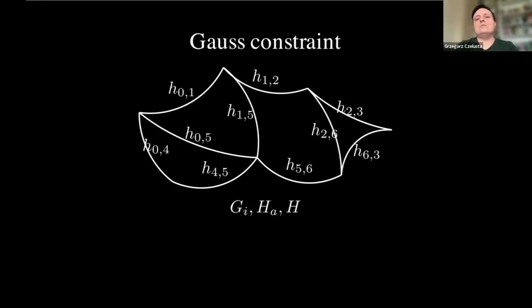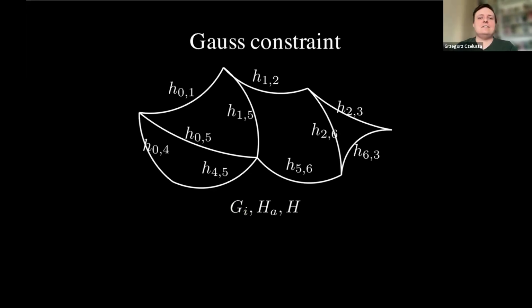So basically, if two graphs are equivalent as graphs and equivalent as nodes, then we consider them as equivalent states. And this is basically the application of the vector constraint. There is also the third one, the scalar constraint, H. And this is much more difficult, and its full implementation is one of the technically hardest and conceptually deepest parts of LQG, and I will not discuss it here at all.